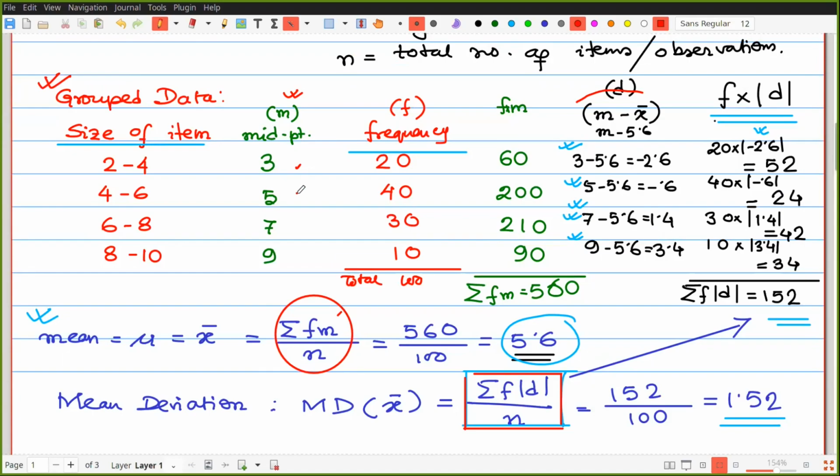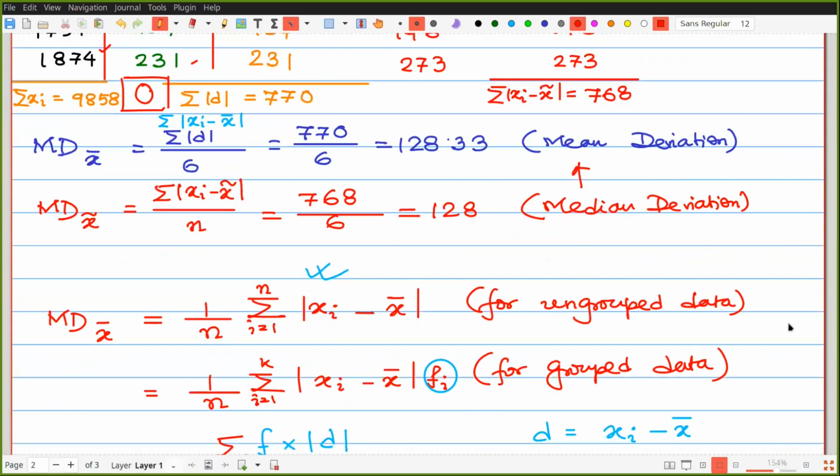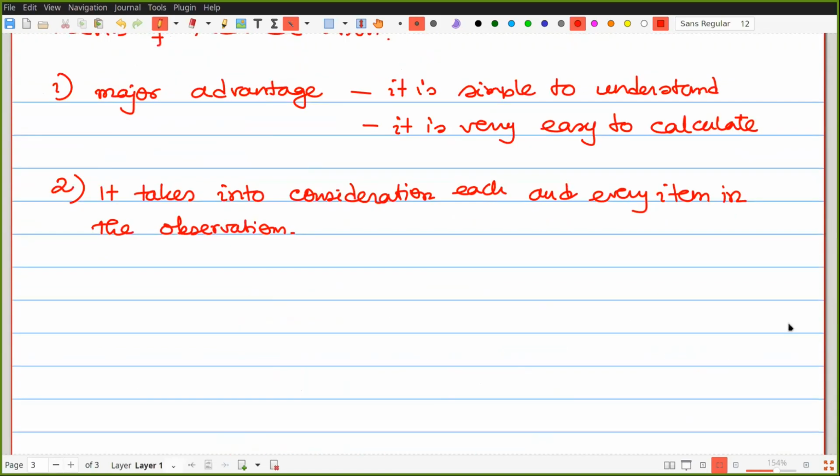Each and every midpoint has been taken for the classes. Each and every frequency has been taken in the classes. So for the consideration, each and every frequency is required. Then the summation we are getting, then we are getting the mean deviation. So that means that is more accurate. It takes into consideration each and every item in the observation.